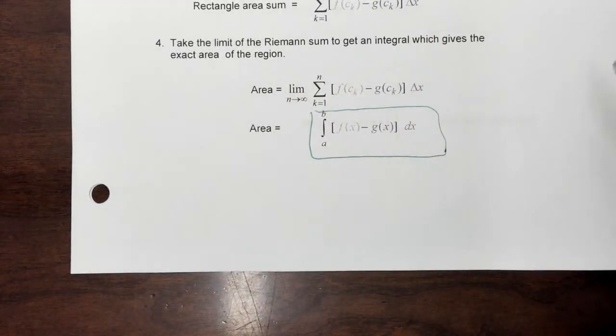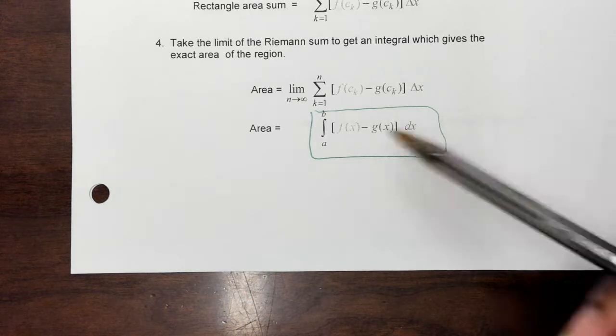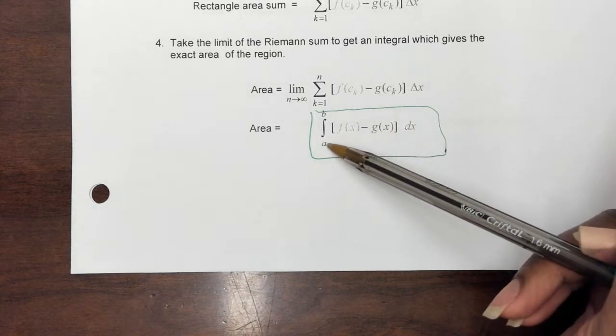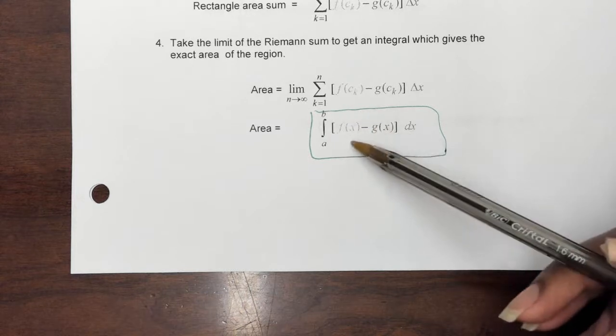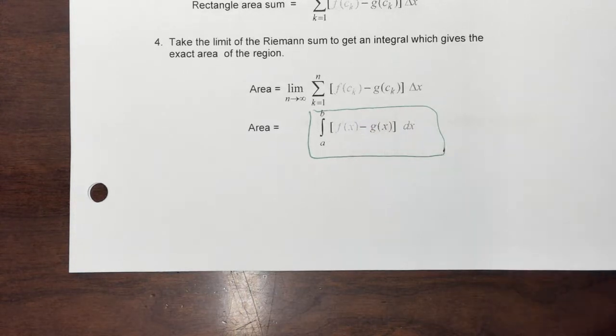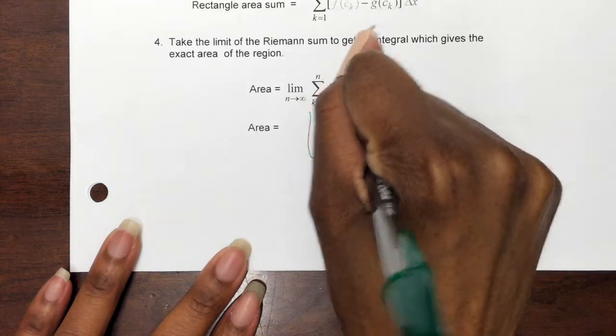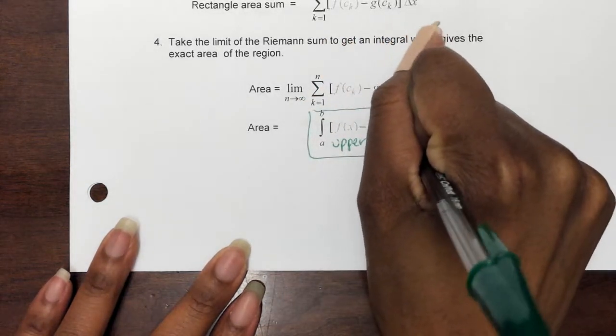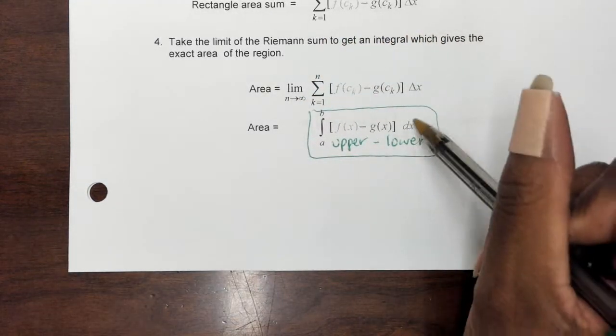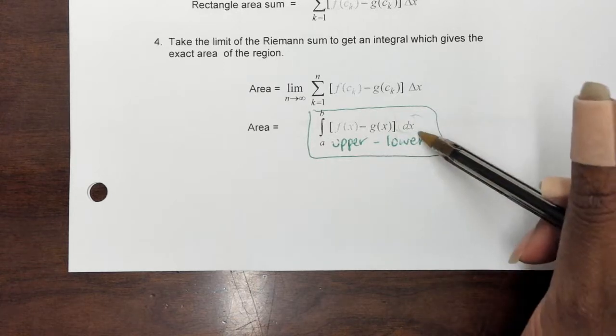Okay, so to find the area between two functions, we take the integral on the interval from a to b of the upper function minus the lower function. So this is upper minus lower times dx, which is our change of x.